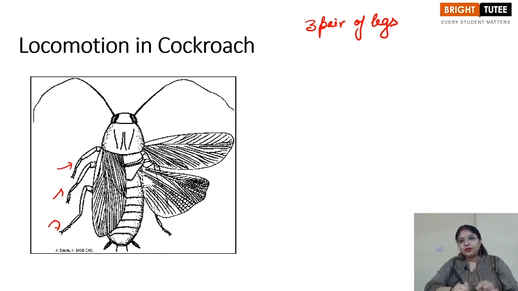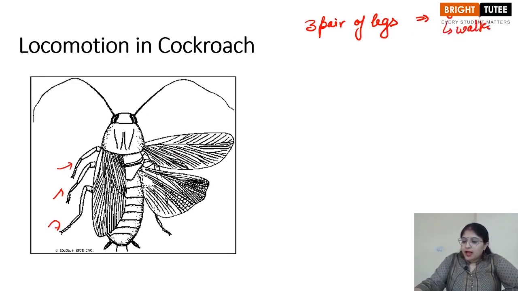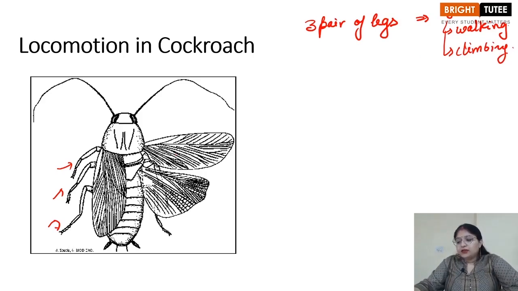In this way there are 3 pairs of legs. That means a total of 6, right? So these 3 pairs of legs help in walking, and you can see that there is a variety of motions that we see in a cockroach. They walk, and they help in climbing, right. These are the 2 things which these 3 pairs of legs help in.